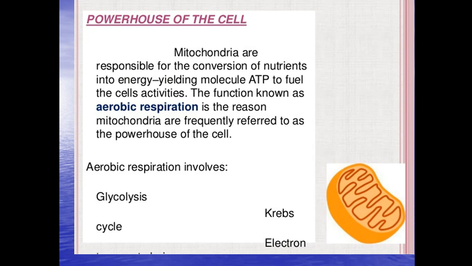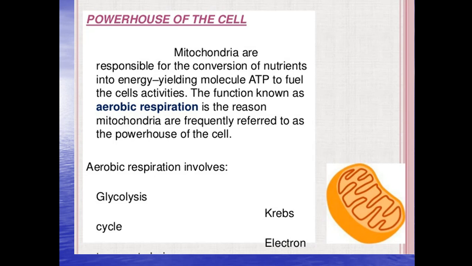This function of preparing the fuel is called aerobic respiration. The mitochondria is the site of aerobic respiration, where the energy is produced and stored. That's why the mitochondria is known as the powerhouse of the cell.